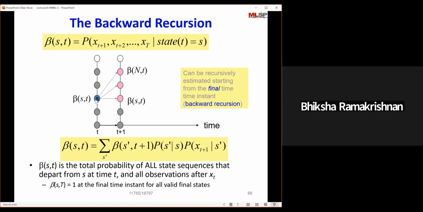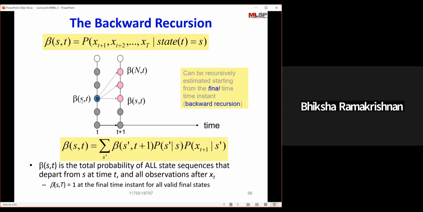And so this is easily enough computed. What is the probability of all future observations given that it's in state S at time t? There are only three ways of generating the rest of the sequence, because this node has only 3 children. So I'd have to sum over all of the children, and what I would sum is the probability of transitioning to the child times the probability of generating.